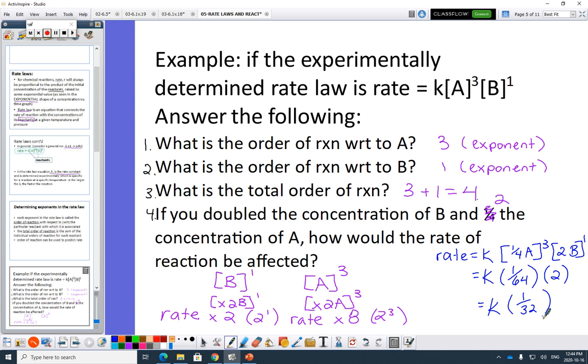So the rate would actually be decreased 32 times, like divided by 32. If you don't like this, then you can just separate it every time like that. That's fine. We're using the rate law to sort of predict how the rate could be affected.